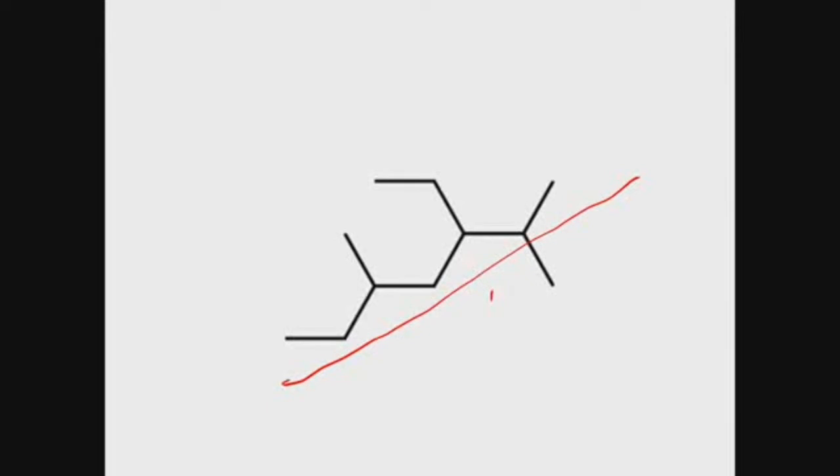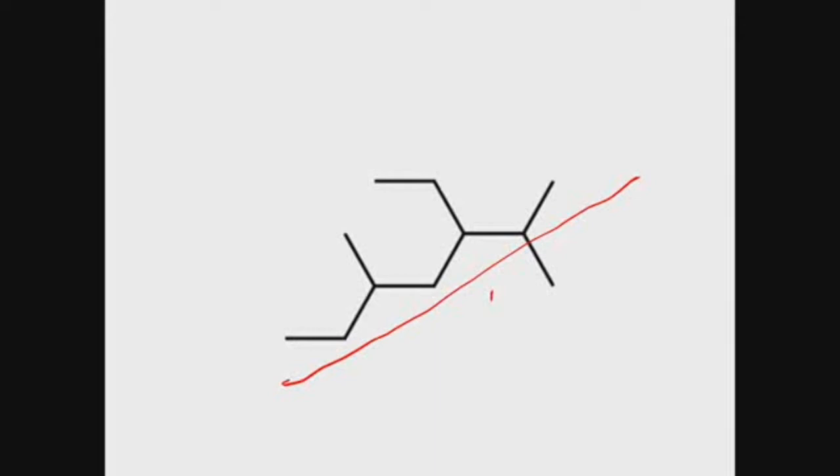Carbon atom 1 2 3 4 5 6 7. Let's take another root and see: 1 2 3 4 5 6 7. Okay, so at this point we have two equal chains. All right, so which one are we picking?